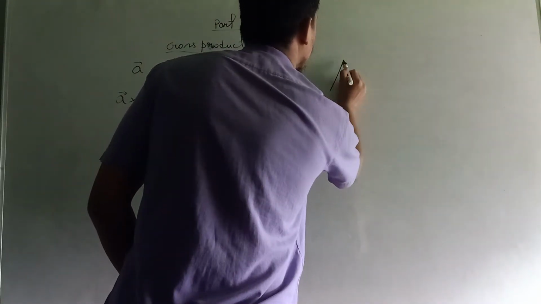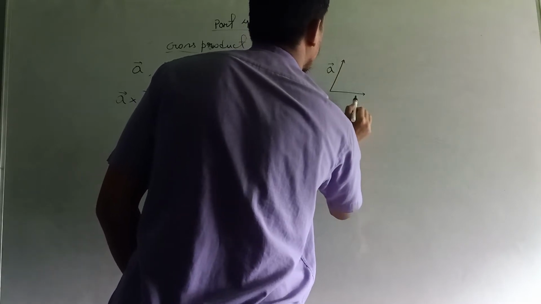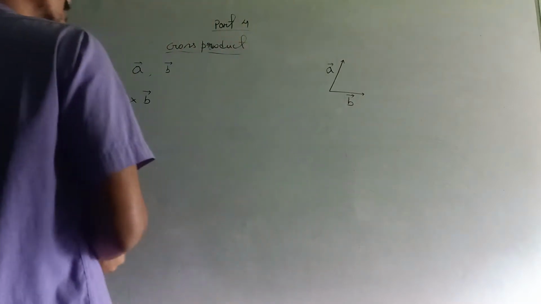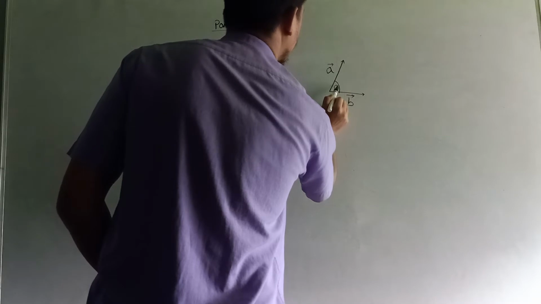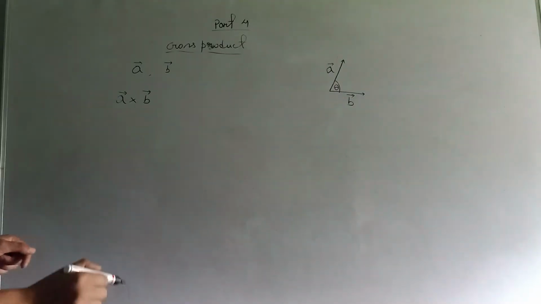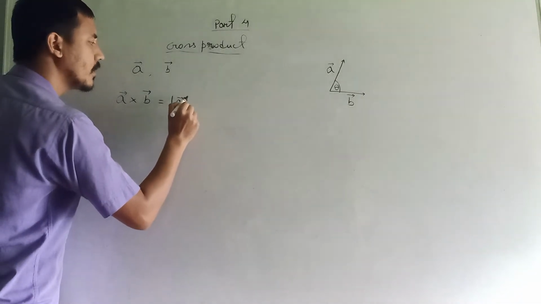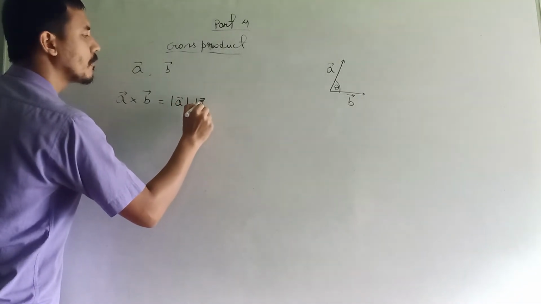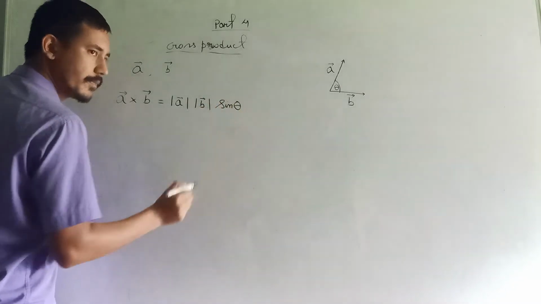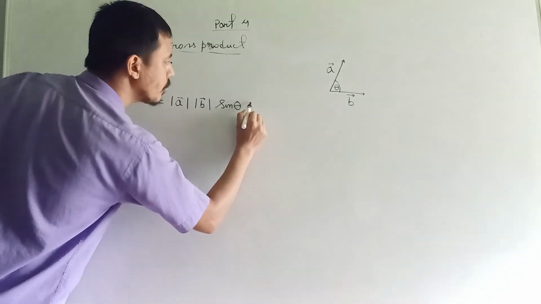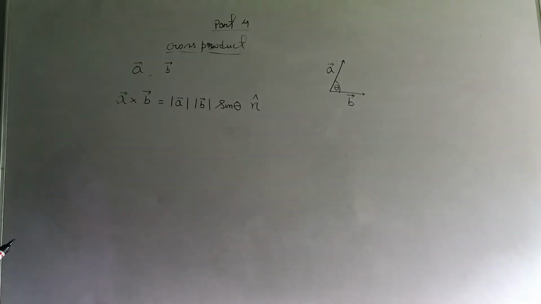Suppose this is your vector A, and this is your vector B. So that A and B are two vectors. Let theta be the angle between them. And the cross product of two vectors A and B is defined as magnitude of A times magnitude of B with the sine of the angle in between them, followed by a unit vector.